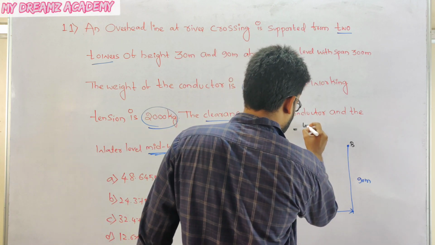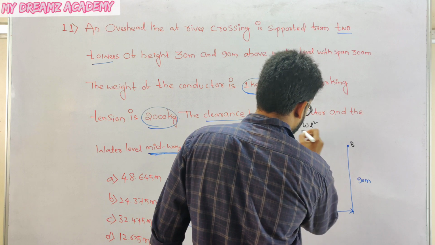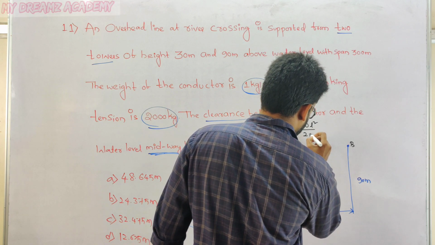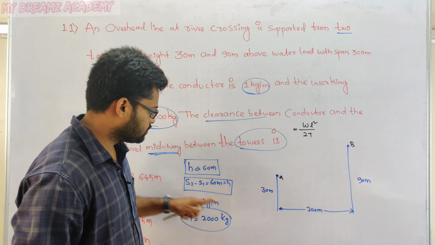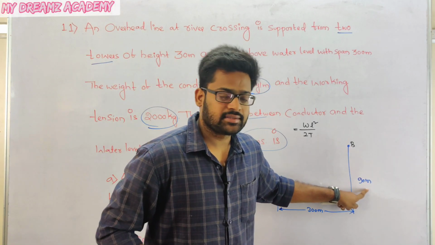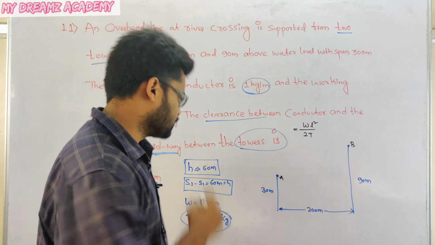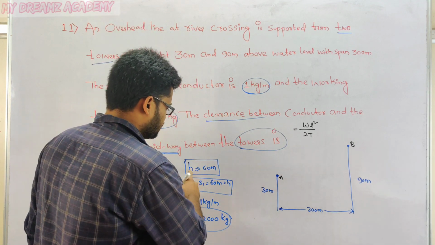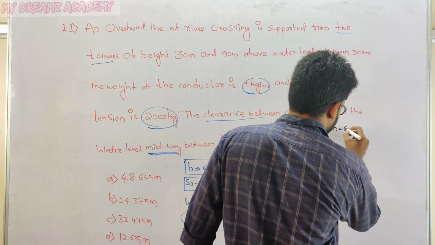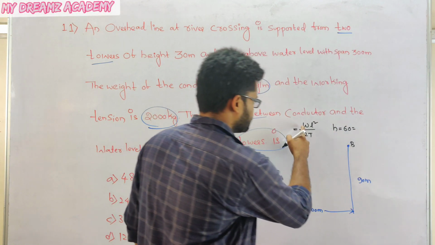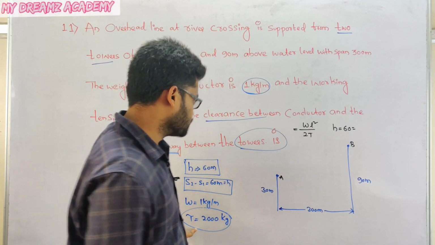Now, we know one formula: weight and height square, that is L square divided by 2 into T. Here S2 is 90 meters and S1 is 30 meters. So I am writing like this: H, the difference is 60, which is equal to, the W value is 1 kg and T is 2000.